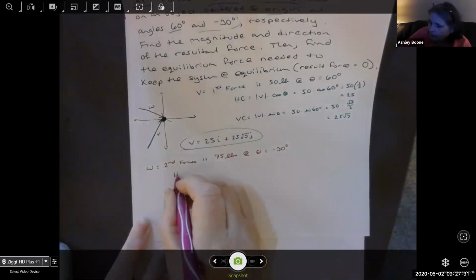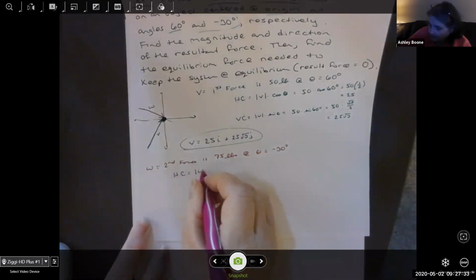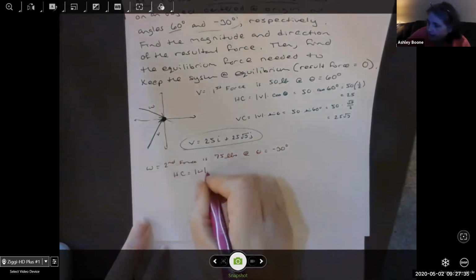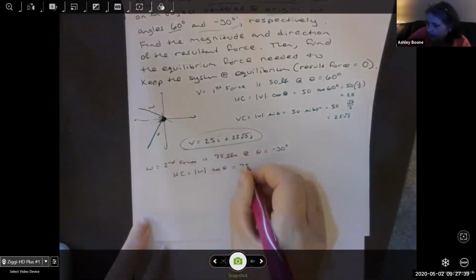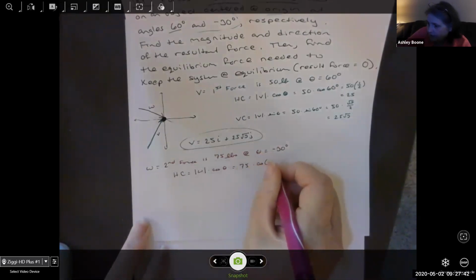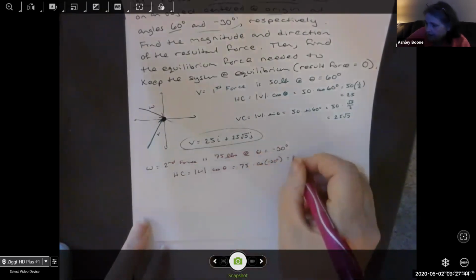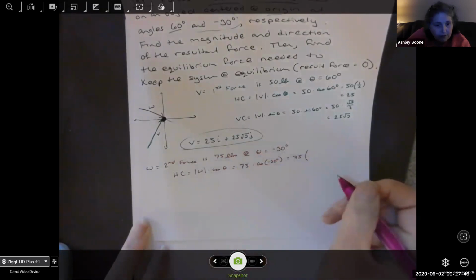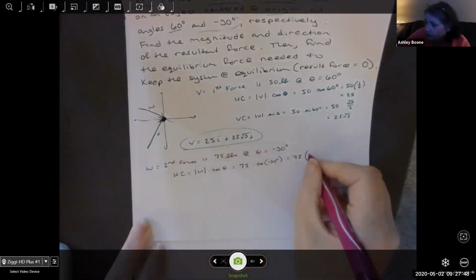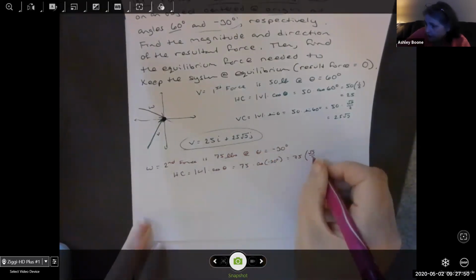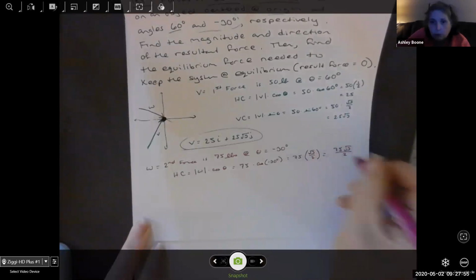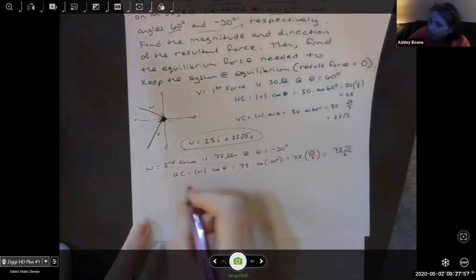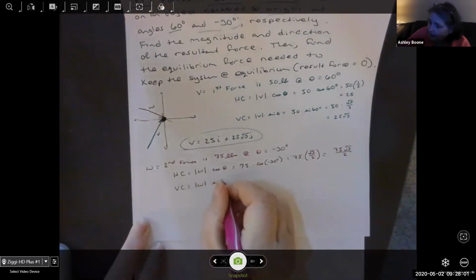Our horizontal component is going to be the force of the vector times the cosine of that central angle. That's going to be 75 times the cosine of negative 30 degrees. Cosine of negative 30 degrees is a positive square root of 3 over 2. So this is a 75 square root of 3 over 2 horizontal component. Vertical component is going to be the magnitude times the sine of the angle.